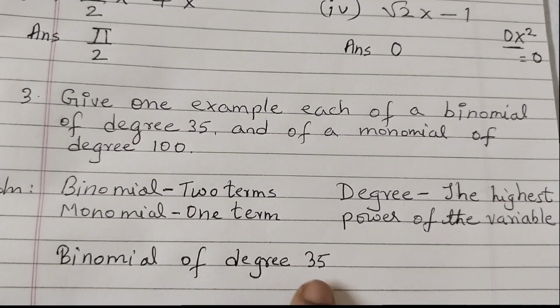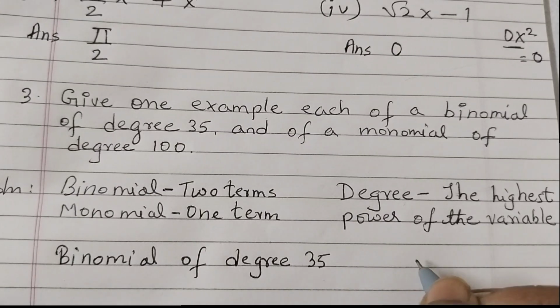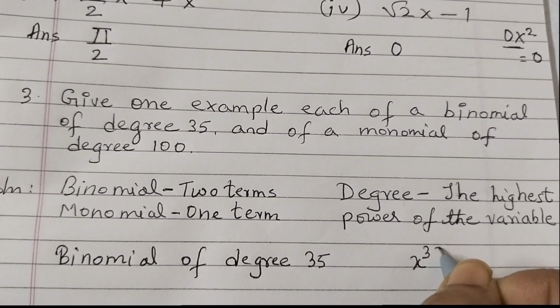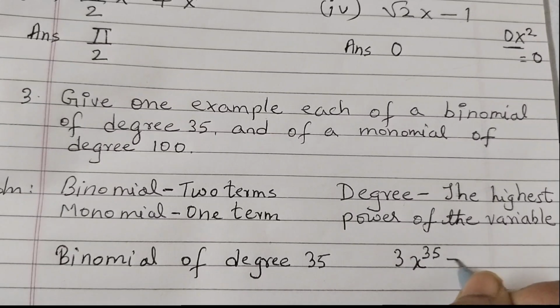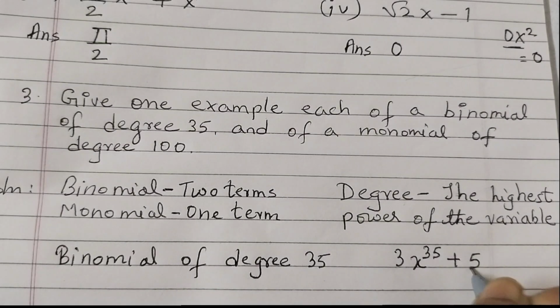Binomial, two terms, highest degree 35. So two terms, that means let's say the two terms would be x, degree is 35. So x to the power of 35, we can put any number here. Let's say we put 3, 3x to the power of 35 plus 5.